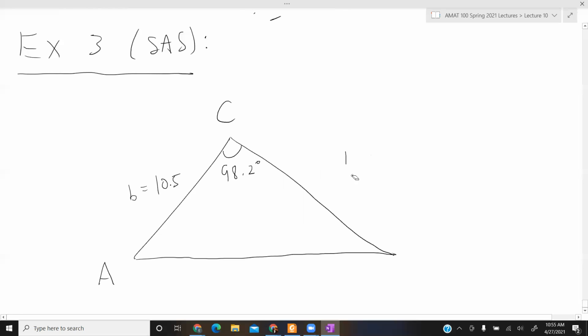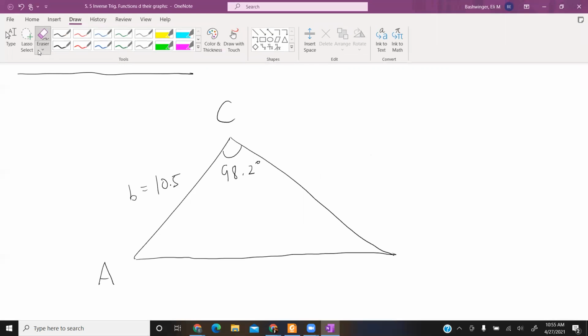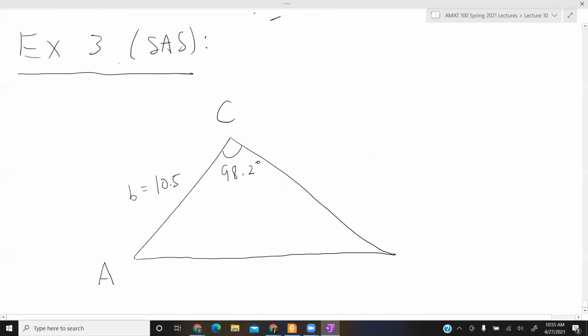Yeah, we don't know what A is. But we do know what C is. We're told it's 18.0. And we don't know angles A and B. So we need to find side A, and angles A and B.